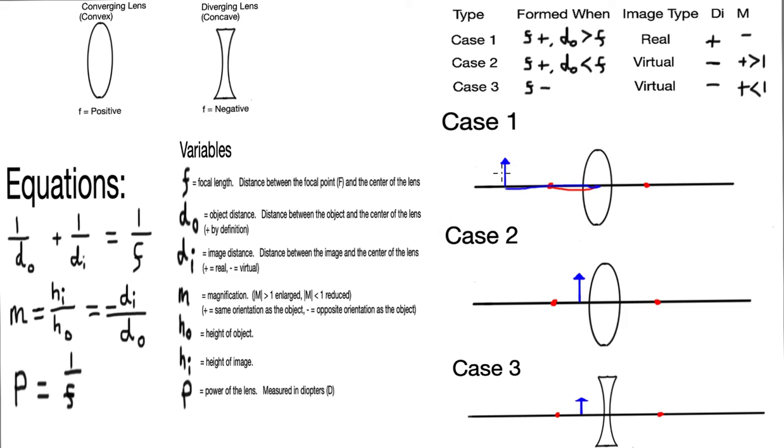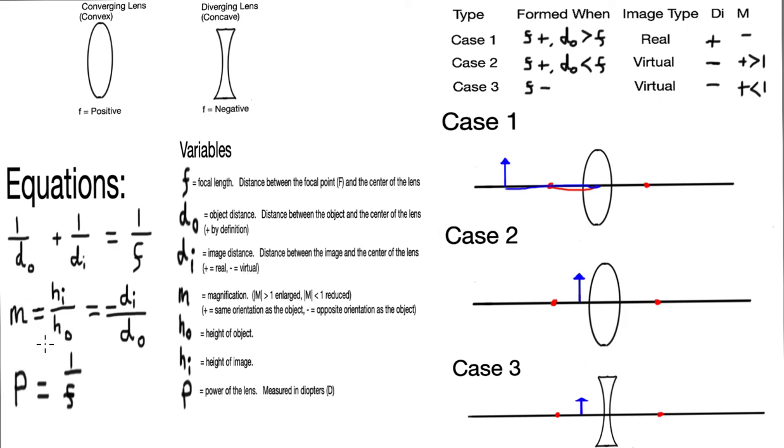This object is going to go through this lens and create an image. We will get to where the image is formed, but what we need to know is that if it's positive, the image is going to be real, while if it is negative, the image will be virtual.